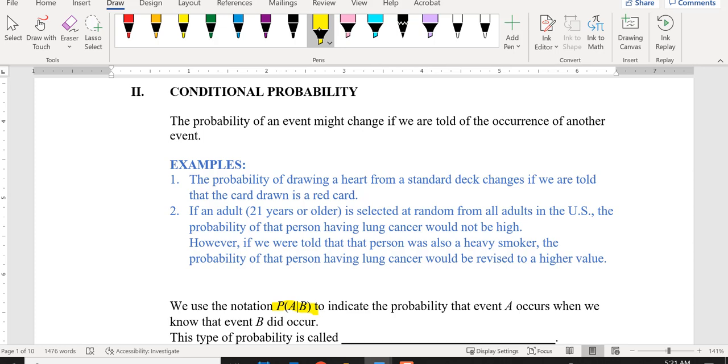This type of probability is called conditional probability. And that little vertical bar, you say given. The probability of A given B.